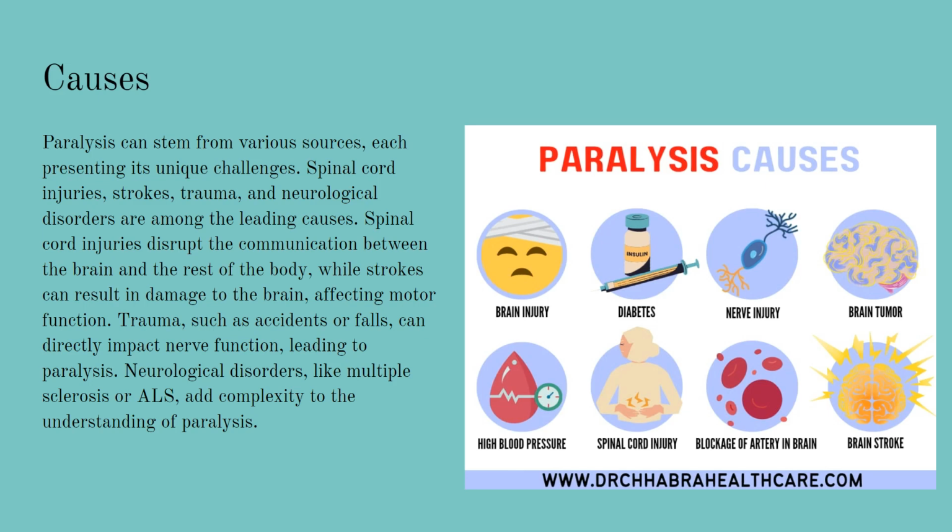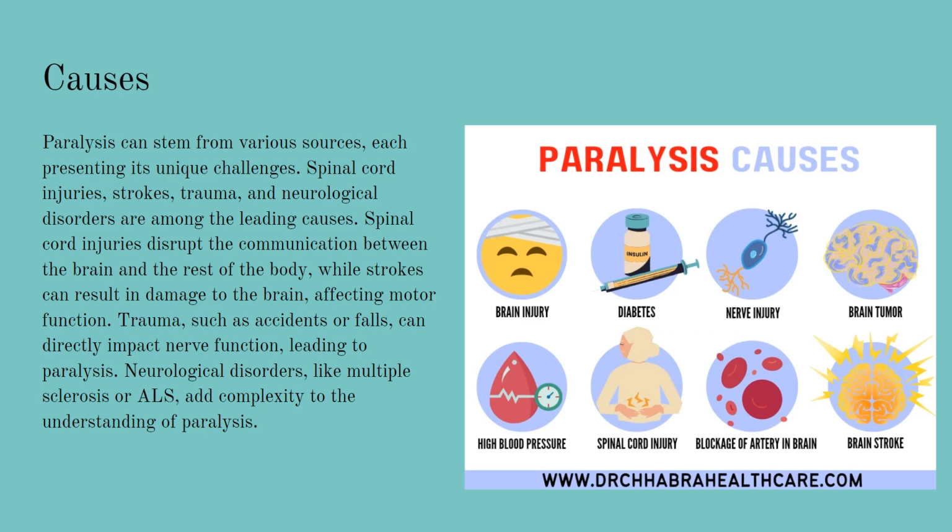So the causes of paralysis: there are many causes, but it can stem from various sources, each presenting its unique challenges. Spinal cord injuries, strokes, trauma, and neurological disorders are among the leading causes. Spinal cord injuries disrupt the communication between the brain and the rest of the body, while strokes can result in damage to the brain affecting motor function.